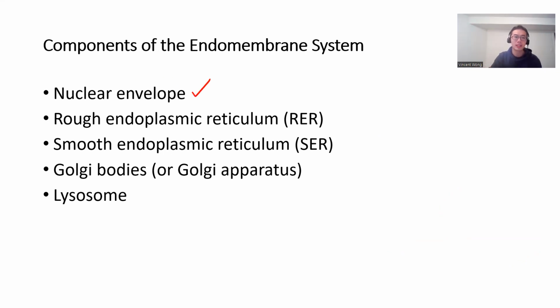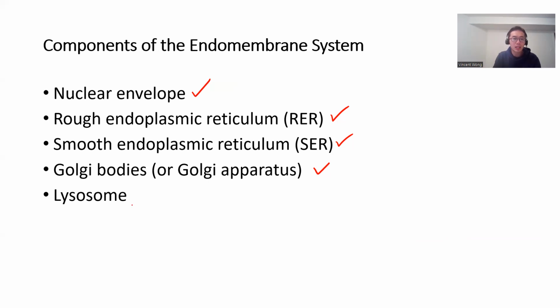We know about the nuclear envelope. We know about the rough ER, the purple thing that I drew with a bunch of dots on it. The dots are the ribosomes. That's part of the endomembrane system. There's the smooth ER, which I haven't talked much about. We talked about the Golgi bodies. Sometimes you read online they use another name, but Golgi bodies and Golgi apparatus mean the same thing.